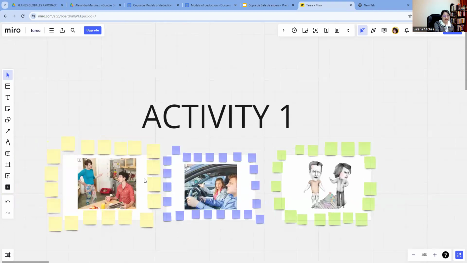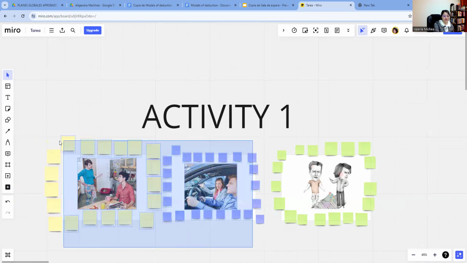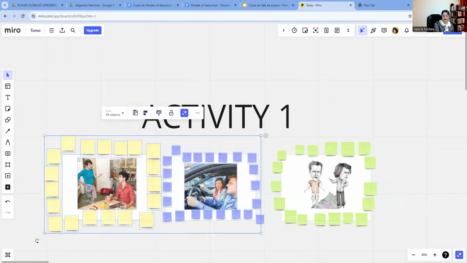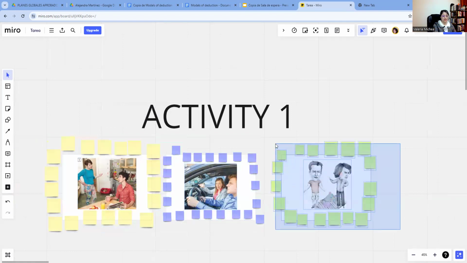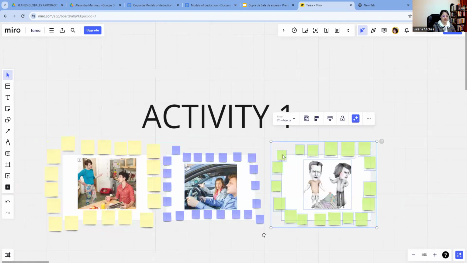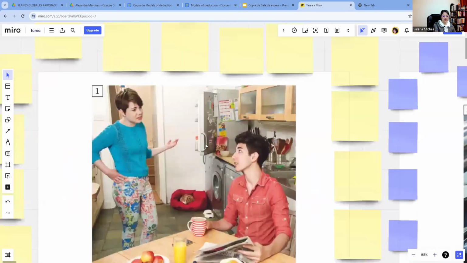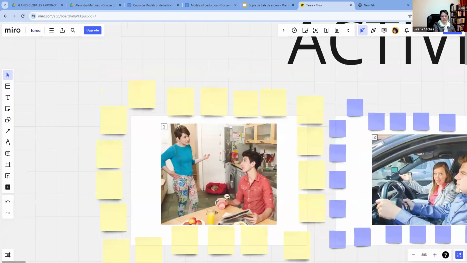The first 2 images are related to the first 2 conversations that we heard. And the third one is for you to infer the information. So what must have happened? In the first one, we know more or less what happened, and we know why this lady is angry at this man, because we heard the conversation.